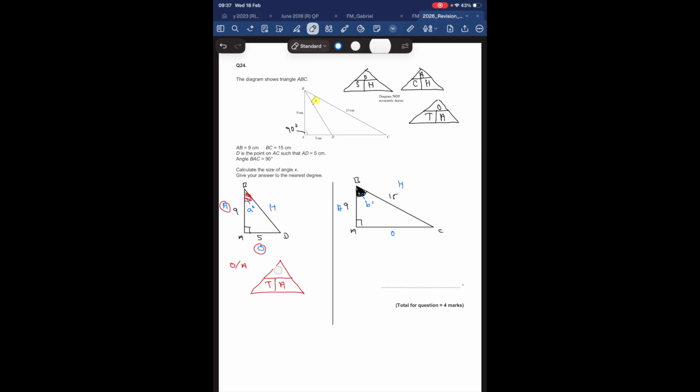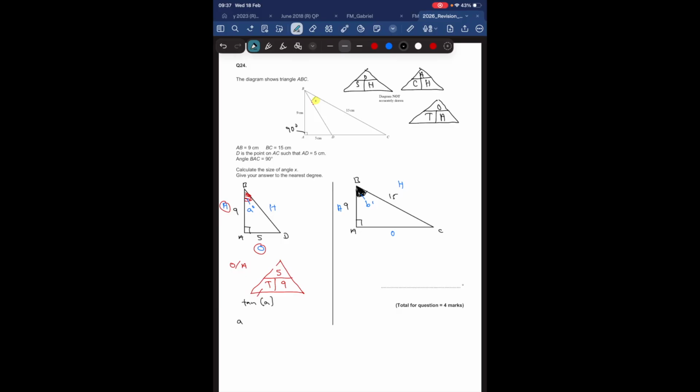We know that the O is 5, so we replace the O with 5. The A in this triangle is 9, so the A becomes 9. We just need to remember that the T stands for the tan of the angle, the tan of A.